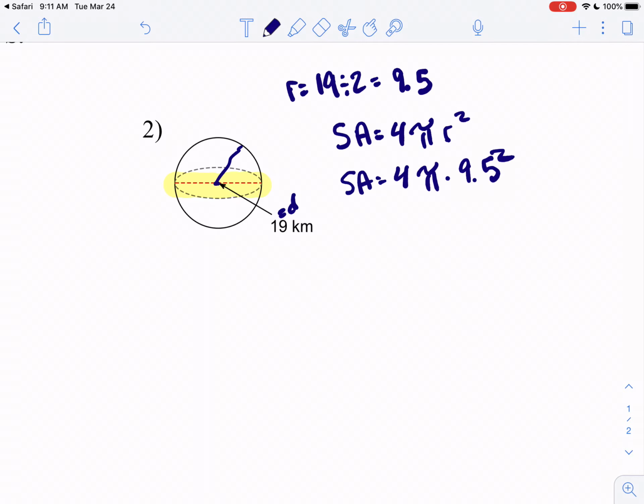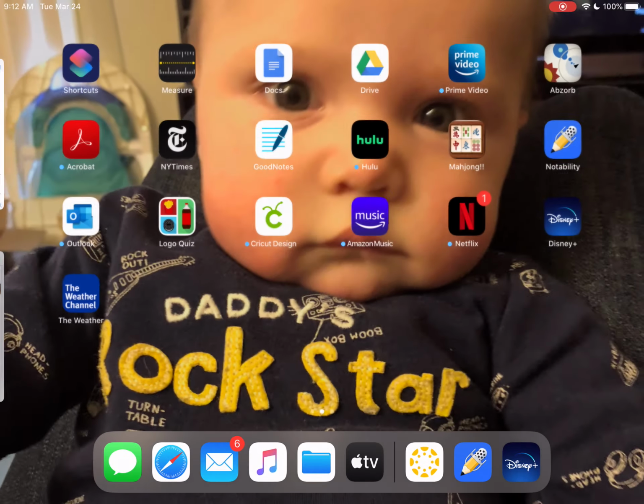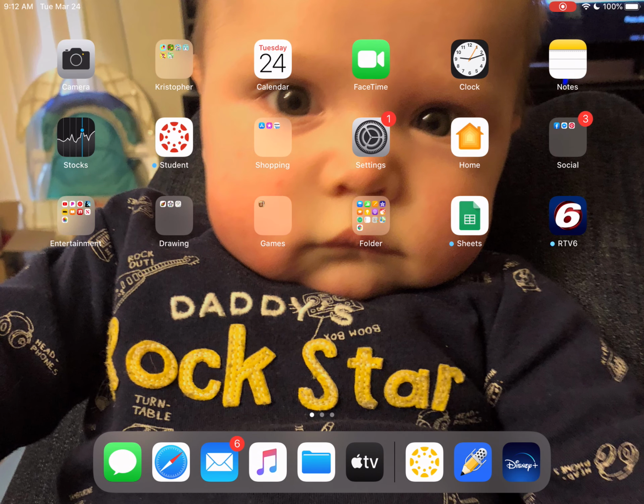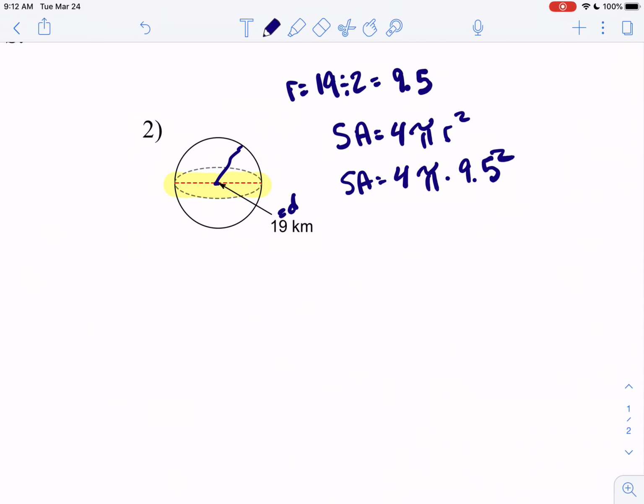Then let me actually pull up my Desmos calculator, if I can find it here. Nope, can't find it, so I'm just going to go back into Notability and use my phone calculator. Same Desmos, but you can't see it.